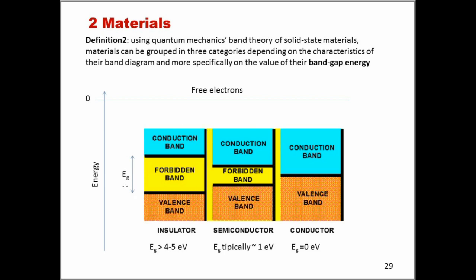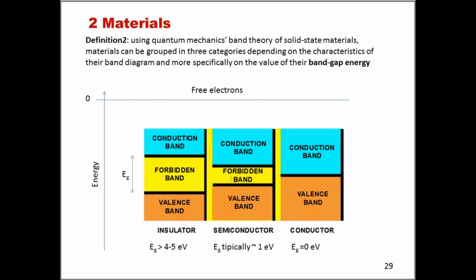There are those materials whose band diagrams present a gap between the topmost full energy level and the bottommost empty energy level. If this gap is bigger than 4 to 5 eV, then we say that this material behaves as an insulator.